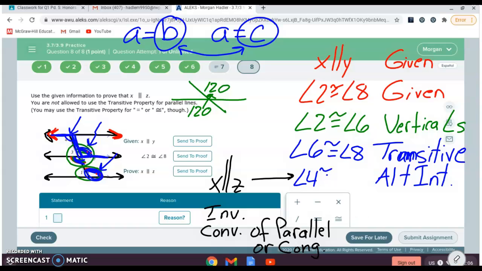That's supposed to say angle 6. Angle 4 is congruent to angle 6 by alternate interior. Then you can say, so 6 is congruent to 4, 6 is also congruent to 8, so that means 8 has to be to 4. So angle 4 is congruent to angle 8 by transitive.